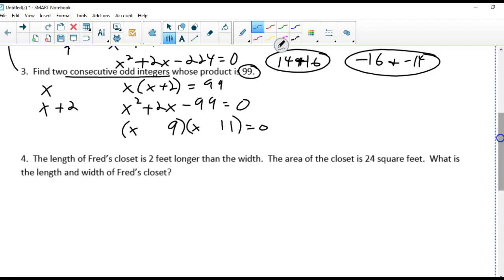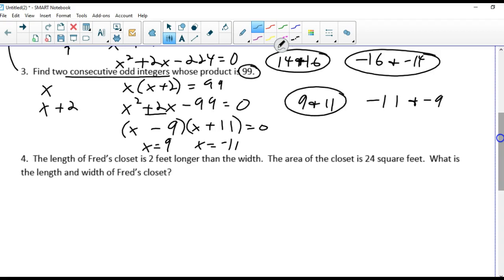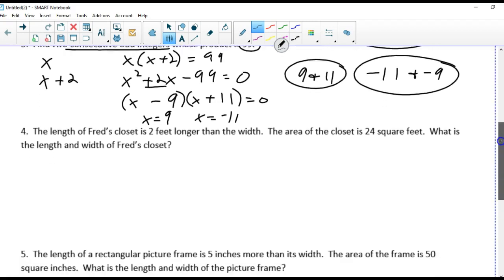Now, again, I want more positives, fewer negatives. So that's going to lead to x equals 9 and x equals negative 11. Well, once again, when I plug 9 in, 9 plus 2 is 11. But when I plug negative 11 in and add 2, I get negative 9. And those also give me a product of 99. So you want to have both answers.